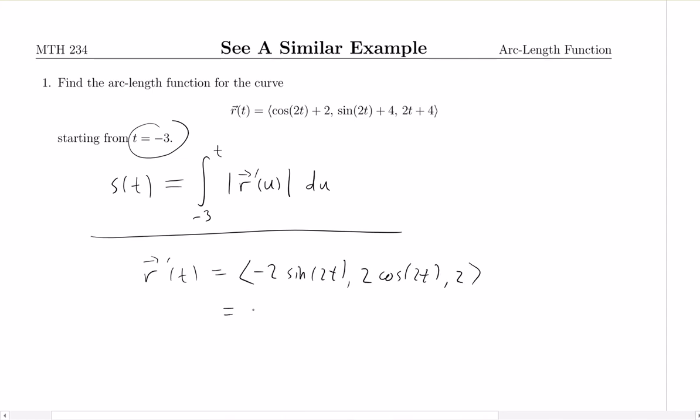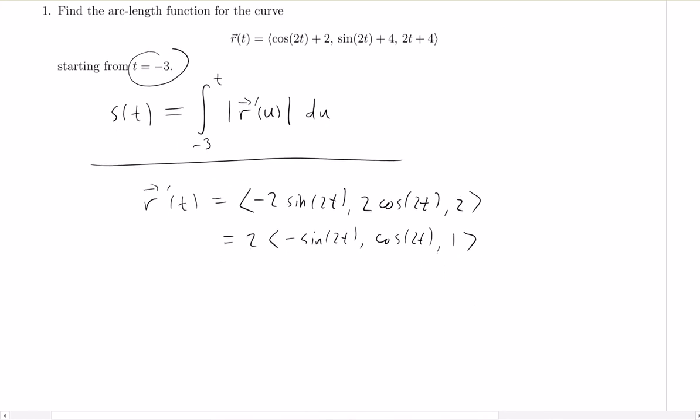And there's a 2 in each slot, which we could factor out if we really wanted to. Like so. And we need to take the norm of this.